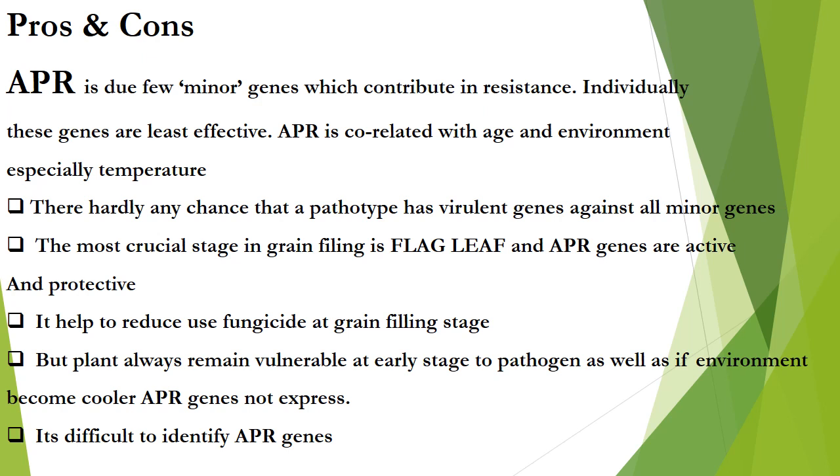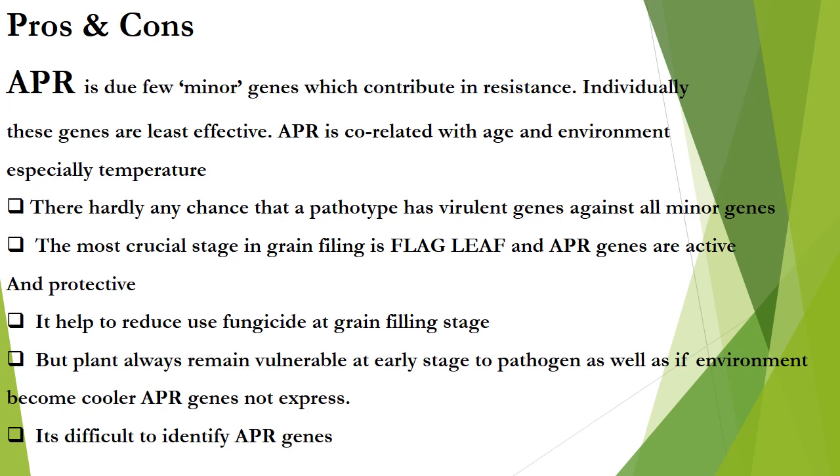These genes protect the plant against the rust pathogen at this point. If they protect the plant at this point, it means that if these genes are present in the crop, they will minimize the use of fungicide. That is why adult plant resistance is very important.